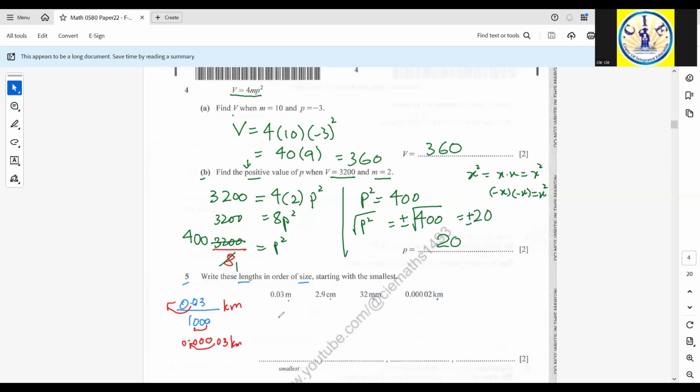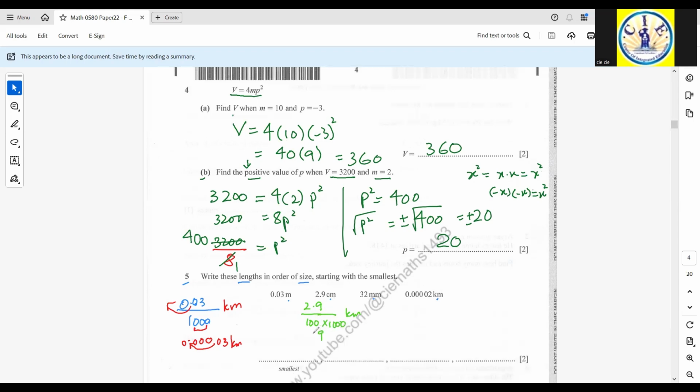kilometers. Okay, for 2.9 centimeters, now I'm going to convert it. 2.9 divided by 100, the answer has been converted into meters. Now, when I further divide it by 1000, the answer will be converted into kilometers. So altogether, I've got 5 zeros in the denominator.